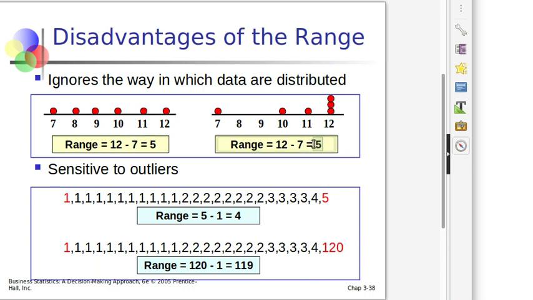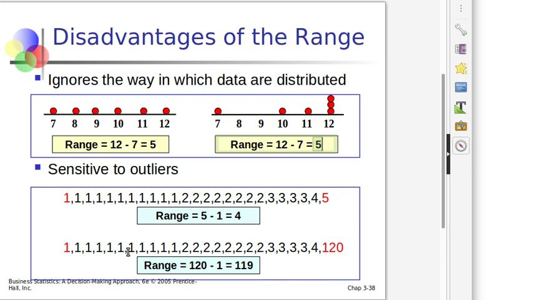It ignores the way data are distributed. And also it is sensitive to outliers, like the mean that we talked about in the previous lecture. The mean was sensitive also to outliers, to extreme values.